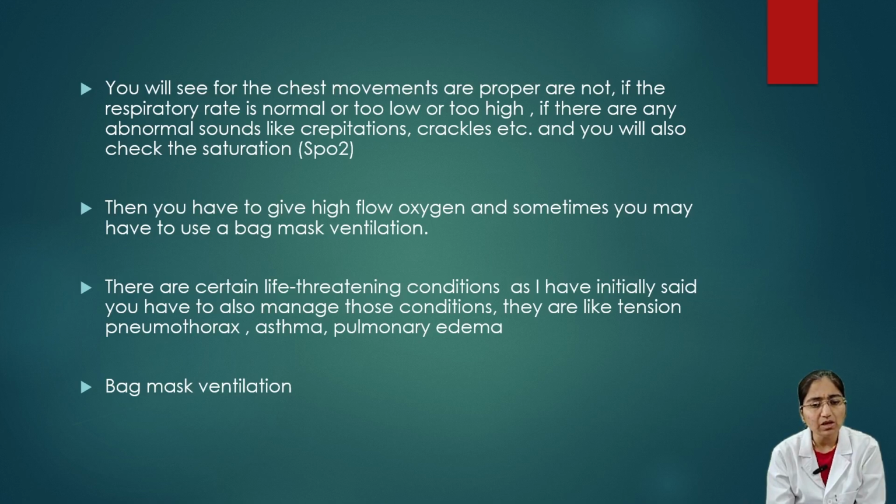Here you have to identify and immediately treat life-threatening respiratory problems, especially in trauma. You will see whether the chest movements are proper or not, whether the respiratory rate is normal, too low or too high, and whether there are any abnormal sounds like crepitations, crackles, etc. You will also check the saturation, SpO2. Then you have to give high flow oxygen, and sometimes you may have to use bag mask ventilation.